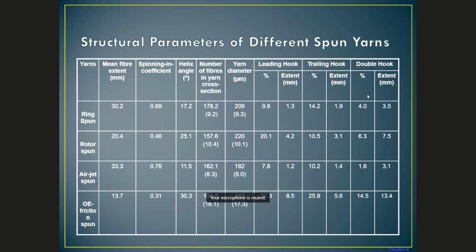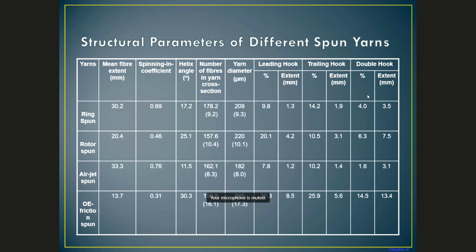At the same time, the moment we talk about the longitudinal behavior of the fiber, the higher the spindle speed, the more disorientation. The moment I go for a higher spindle speed, there are chances that fibers after drafting may slip over each other.